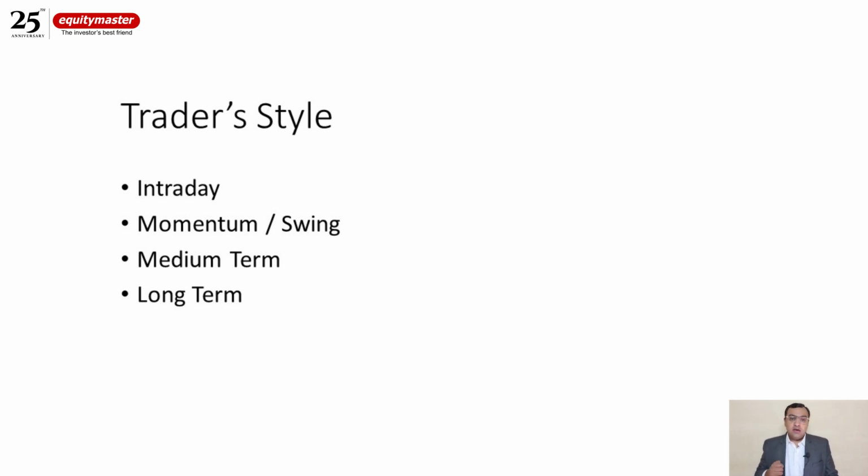Medium term traders trade between, say, a week to probably 6 months down the line, or probably a year. And then long term trading, which generally people take, I would say a 6 to 8 month trade, and generally ride those trades. I'm not considering it an investment, because an investment generally means holding your position for years.